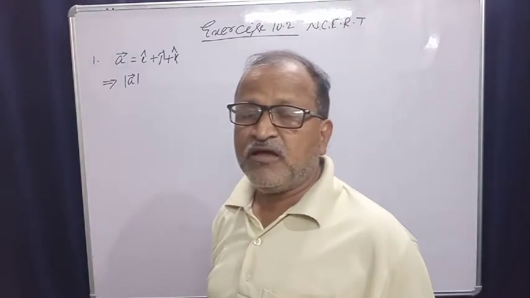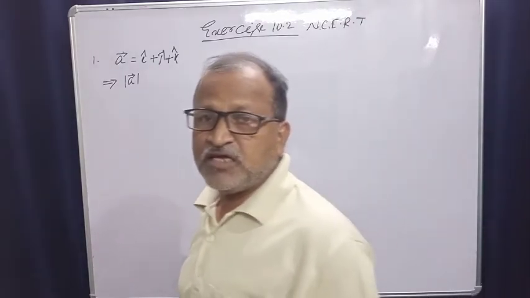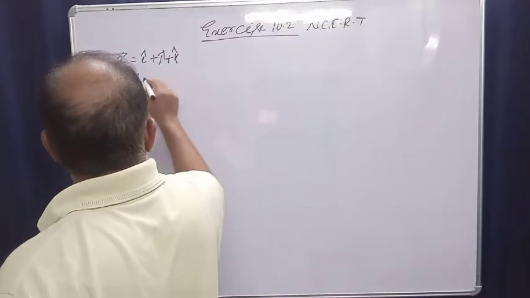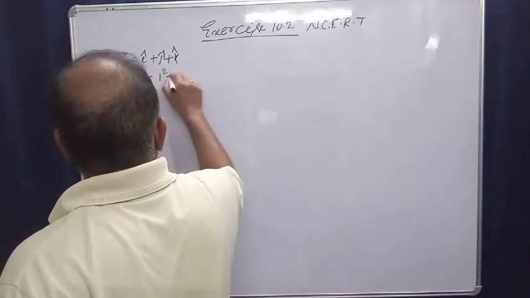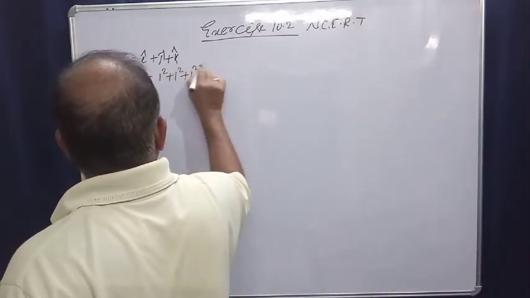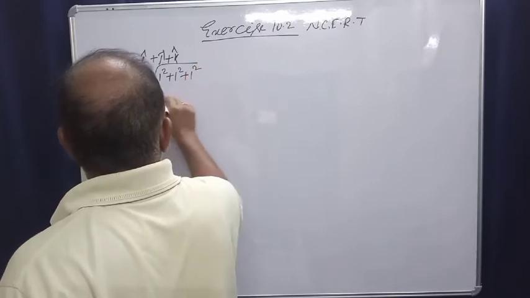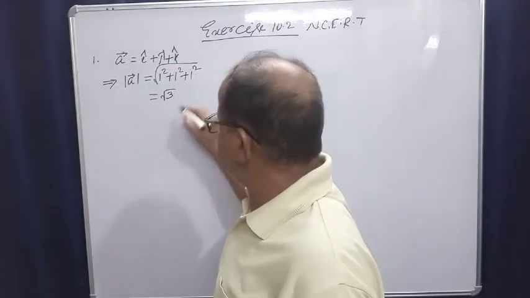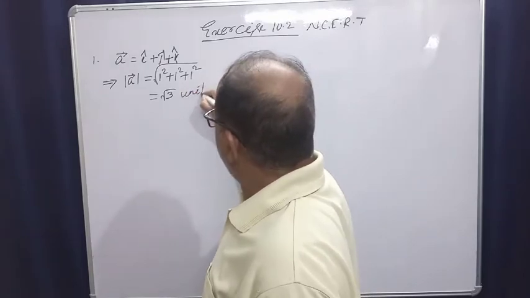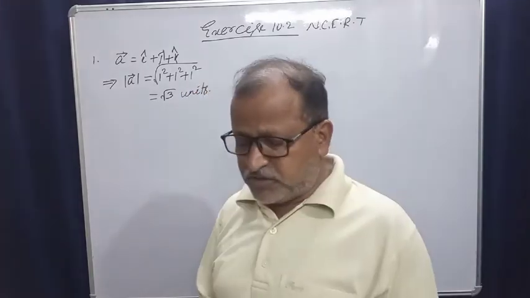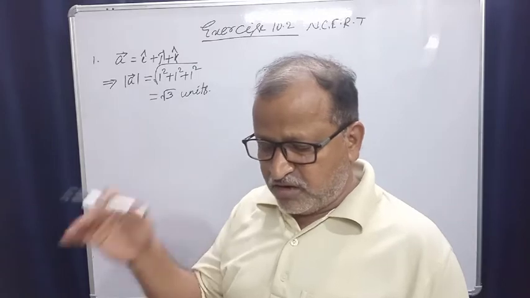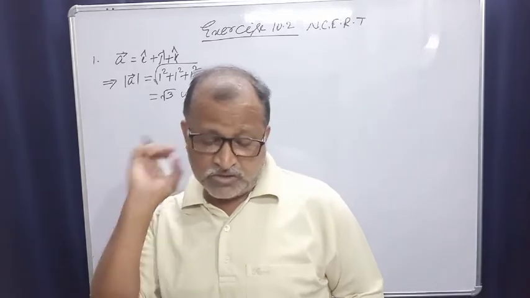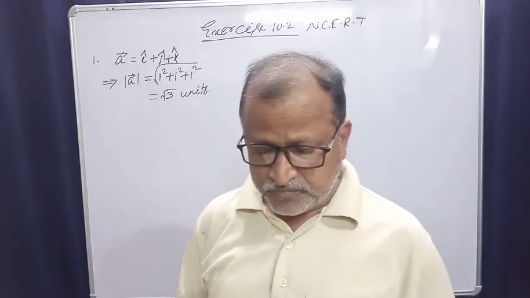Magnitude of A is equal to square root of 1 square plus 1 square plus 1 square, that is square root of 3 units. Right? Its magnitude is this. Similarly, you can find out the magnitudes of other vectors.